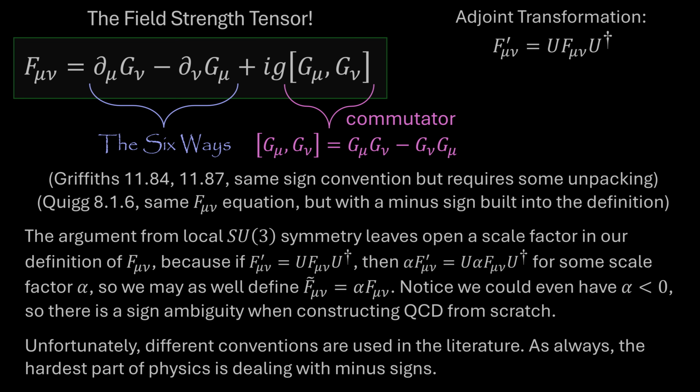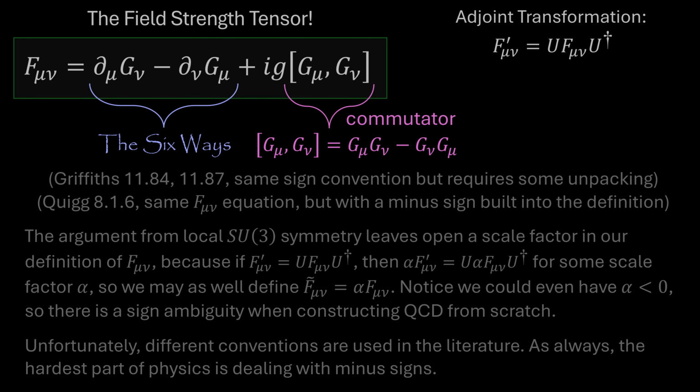But if you look at Quigg, equation 8.1.6, you'll find that the convention he's using actually bakes in an implicit minus sign in the definition of the field strength tensor relative to what we've written here. And that's okay. It's just a different way of formulating the definitions. It ultimately doesn't have an effect on anything physical, because as we'll see later on, F mu nu contributes to the Lagrangian in a way that a difference in minus signs isn't going to affect. But we'll get to that later.